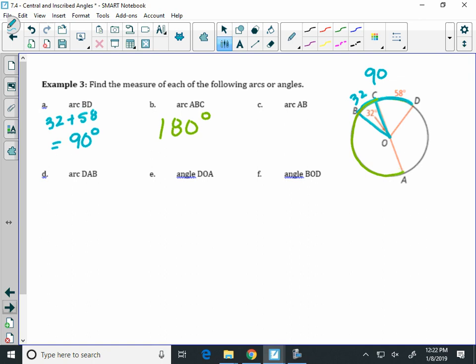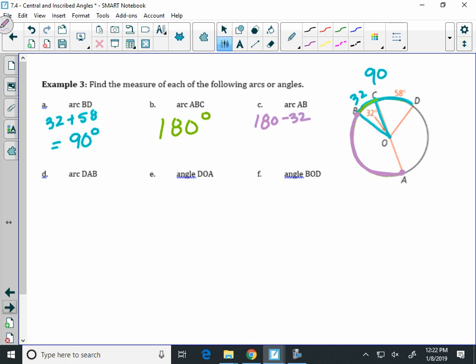C wants us to find arc AB. So from here to here. Well, how do you think we can find arc AB? Trent? Perfect. We can do 180 minus 32. Because we just said that this was a semicircle.